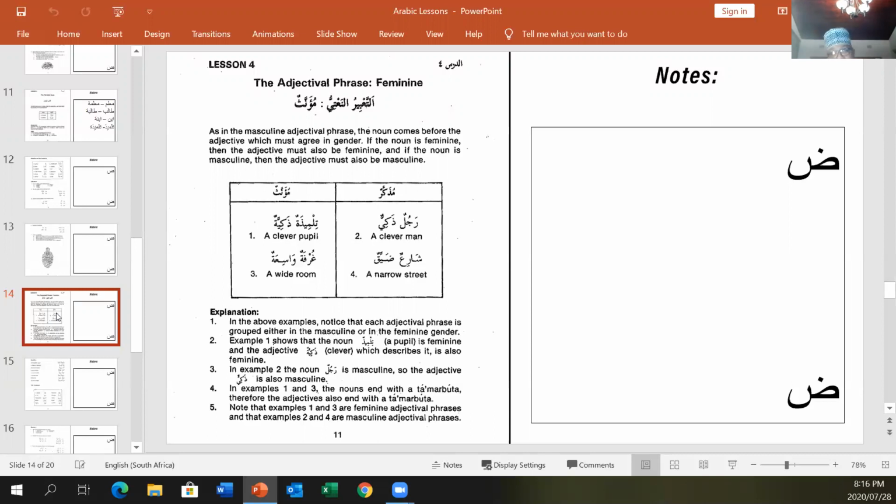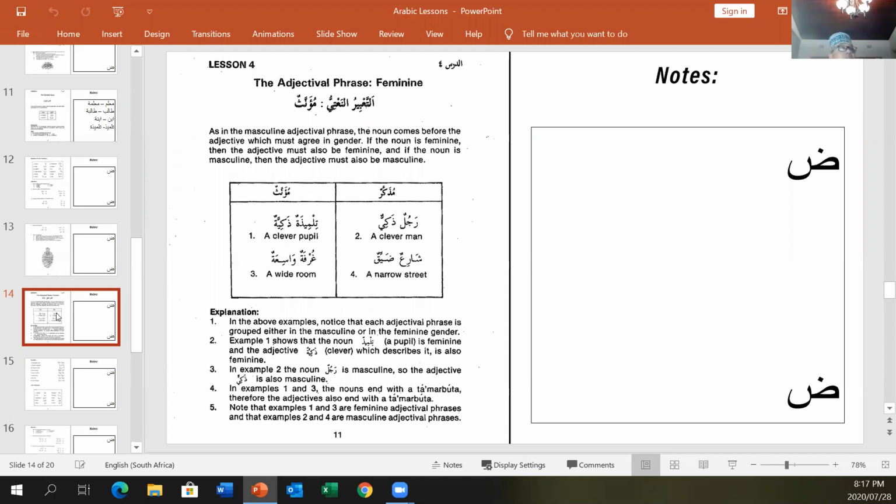I will repeat it because we're going to come to some other examples in the lessons further ahead. We will see that if it doesn't agree in the same pattern, meaning gender or number, then obviously it has a different role in the sentence.